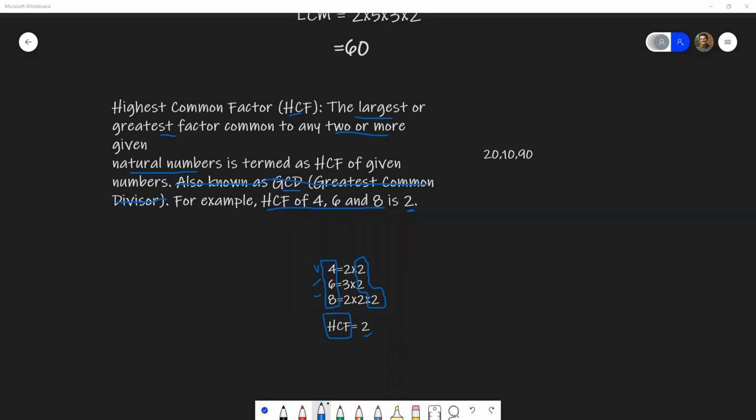LCM is... and HCF is... Okay, so I used Google Translate. She says the common factor is common and the common multiple is any, right? Yes, that's what she had to say. Yeah, I understand Persian. It's a beautiful language.